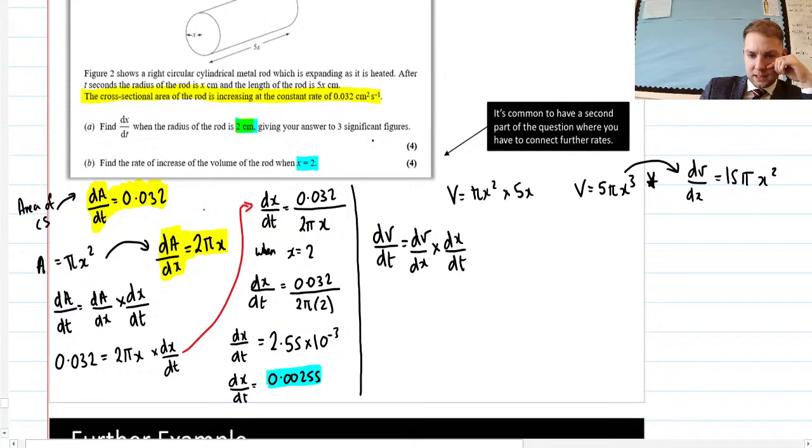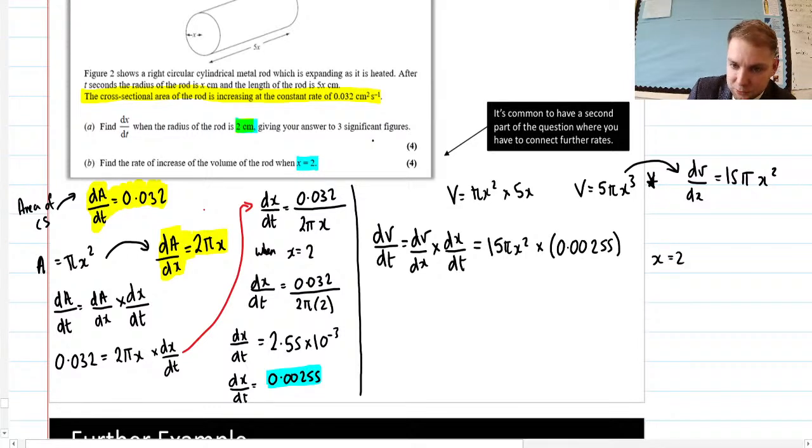So dV by dx is equal to 15 pi x squared, times by dx by dt, which, when x is 2, is equal to what we said here, times by 0.00255. However, we know that we want it when x is equal to 2, so actually, I do need to sub x is equal to 2 into this.